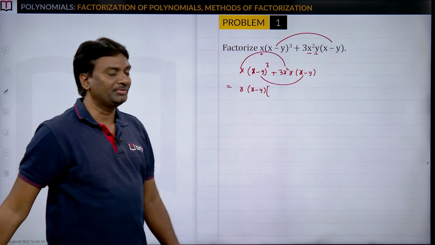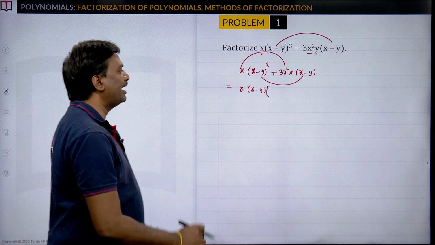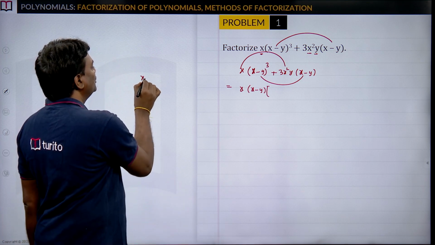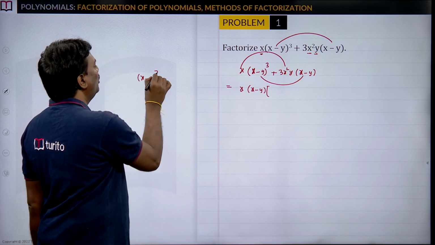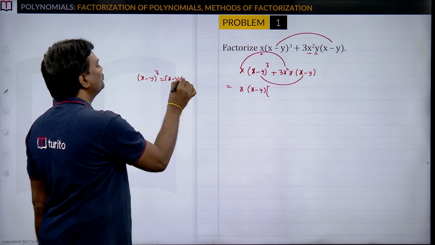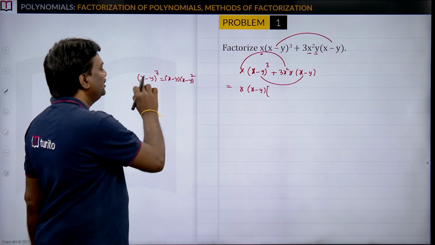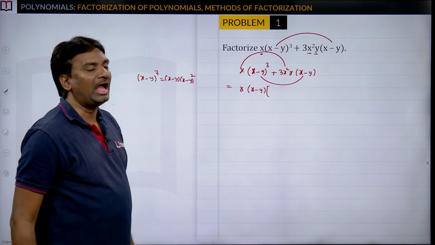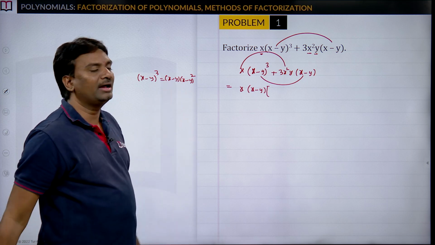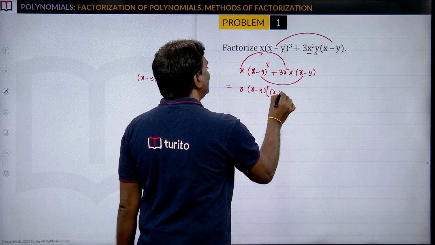So, 1 into, from (x minus y) whole cube, we have taken x minus y as common. (x minus y) whole cube can be written as (x minus y) into (x minus y) whole square. Since we have taken x minus y as common, the remaining part is (x minus y) whole square.